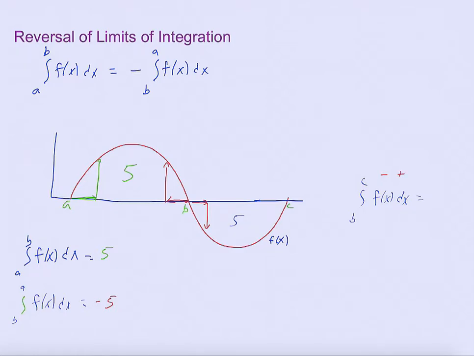When you multiply those two things together, you will get a negative 5, the definite integral from b to c of f of x dx. On the other hand, the definite integral from c to b of f of x dx would be taking two negative numbers, the negative y value times the negative x distance. Well, that'll work itself out to be a positive 5.